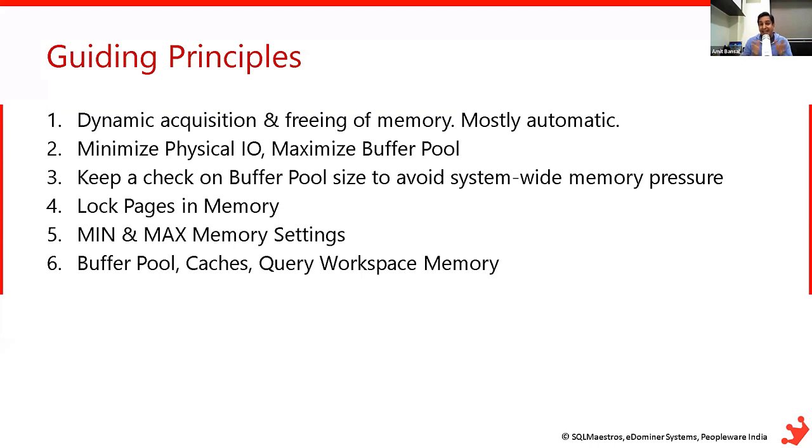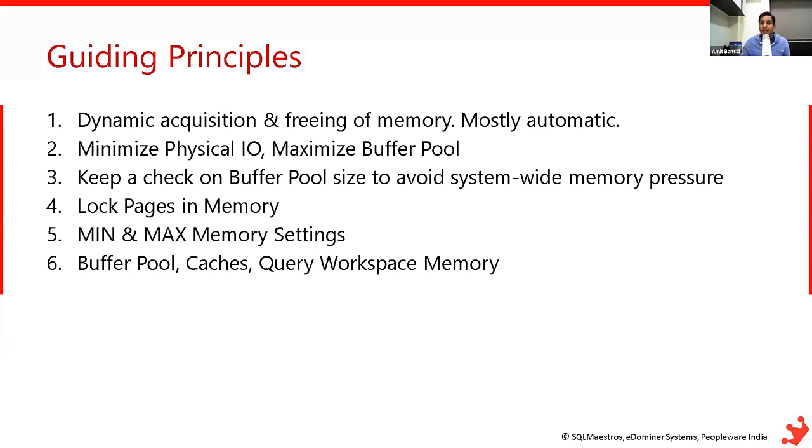Buffer pool, the caches and query workspace memory. These are some of the most important consumers. You know, buffer pool for the data pages. There are different caches in clerks. For example, your cache for the plans, and in plans also you have object plans, you have ad hoc plans, and you have bound trees. So there are a bunch of these caches, and something that is known quite less, which is query workspace memory.